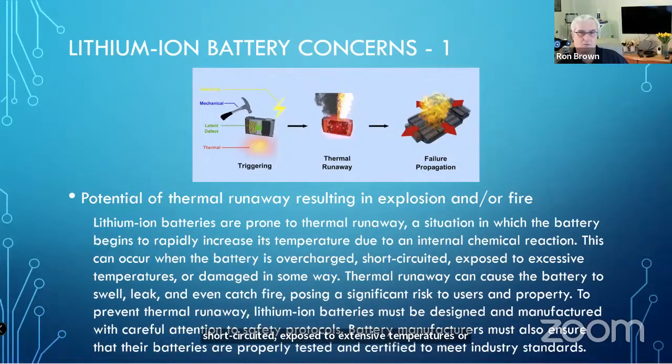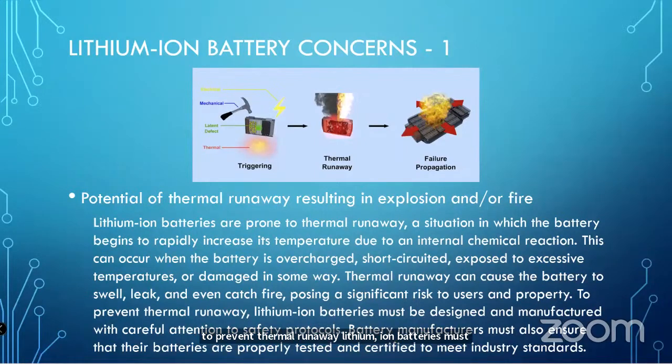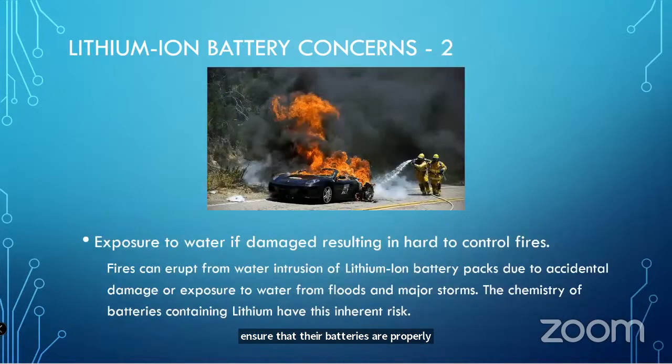Thermal runaway can cause the battery to swell, leak, and even catch fire, posing a significant risk to users and property. To prevent thermal runaway, lithium-ion batteries must be designed and manufactured with careful attention to safety protocols. Battery manufacturers must also ensure that their batteries are properly tested and certified to meet industry standards.